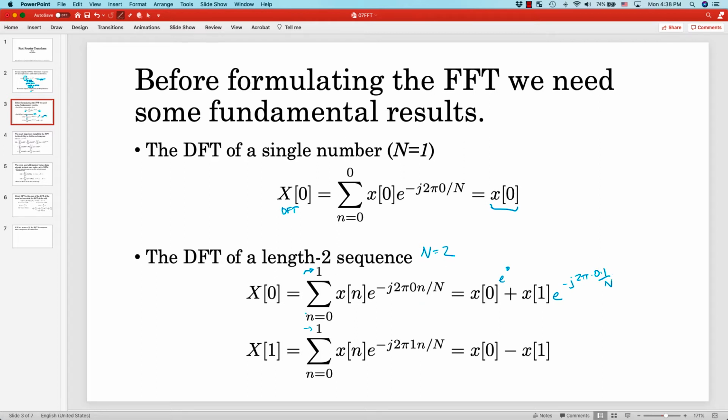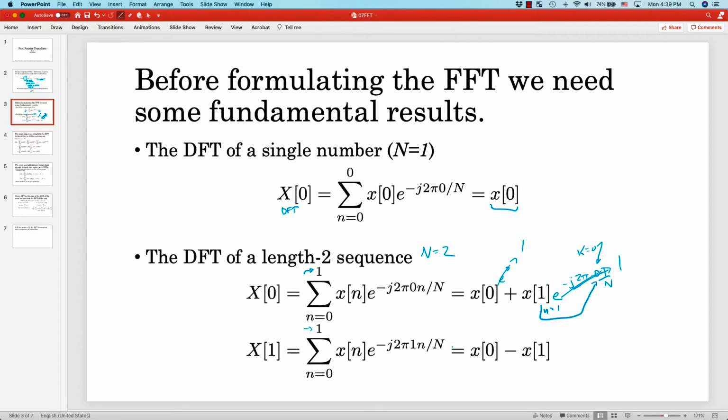Just a heads up that k equals 0 is where this 0 comes from, and n equals 1 is where this 1 comes from. Either way, both of these are positive 1, and so the 0th element of the DFT of a length 2 sequence is simply the sum of the samples.